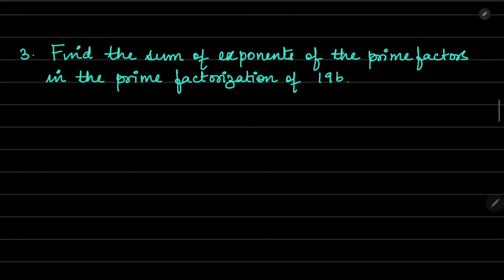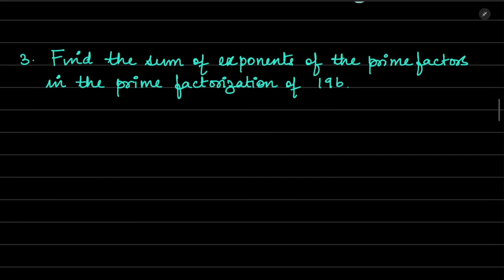Find the sum of the exponents of prime factors in the prime factorization of 196. First of all, let us do the prime factorization of 196. Start with 2: 2 9s are 18, remainder 1, 16, 2 8s are 16. Again 2: 2 4s are 8, and then 2 9s are 18.